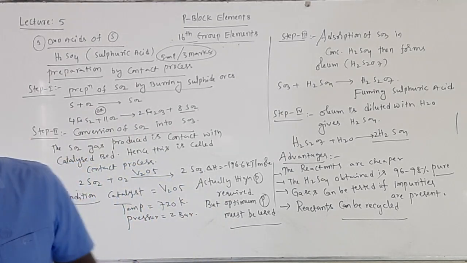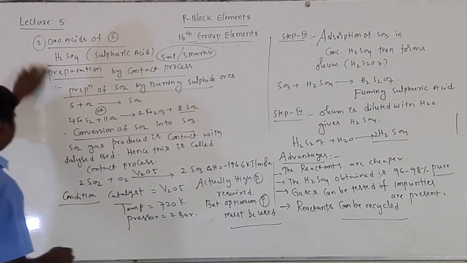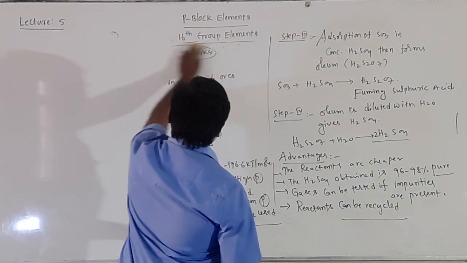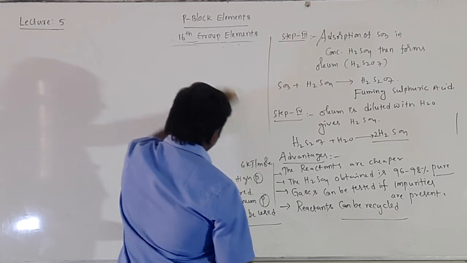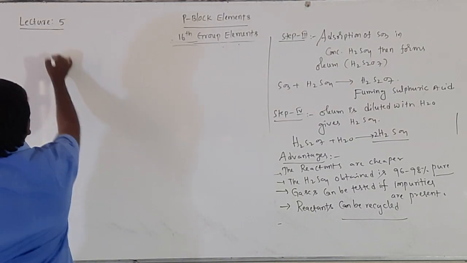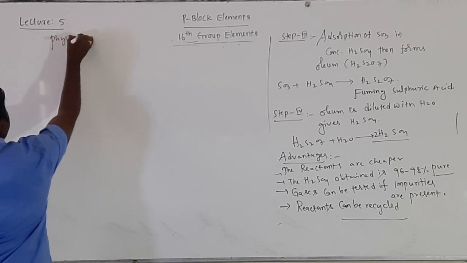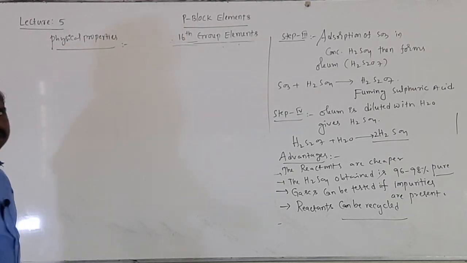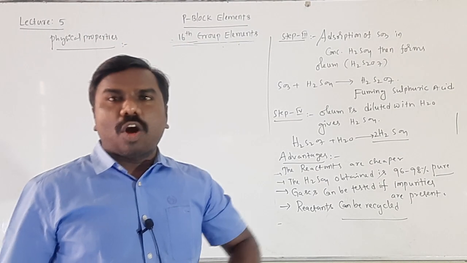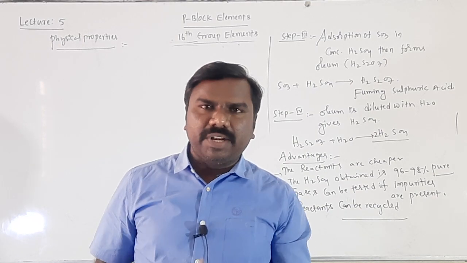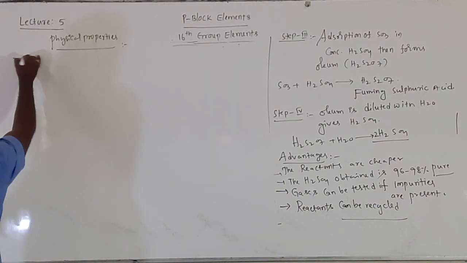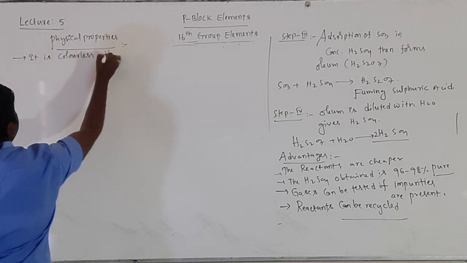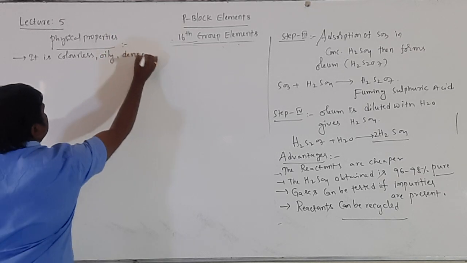This is about the preparation, students. After that, what are the physical properties of sulfuric acid? It is a colorless, oily, very dense liquid.